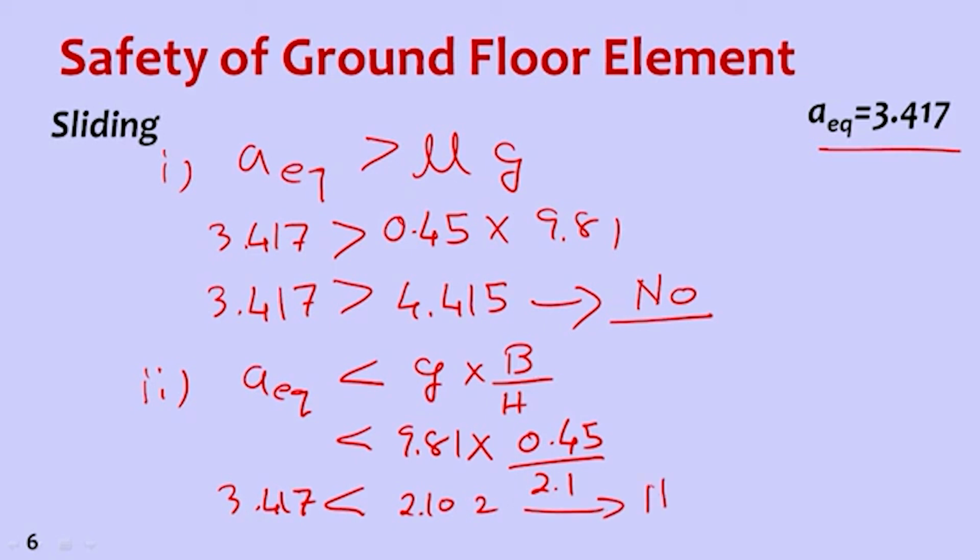This condition is also not satisfied, so we will write it as no. Together, if any one of the conditions is satisfied, we can say the structure fails in sliding. Here, since both are no, we conclude it is safe. So the object given in the study is safe against sliding.